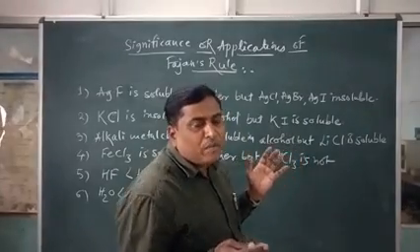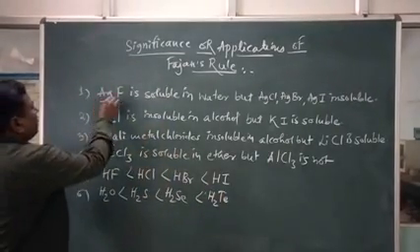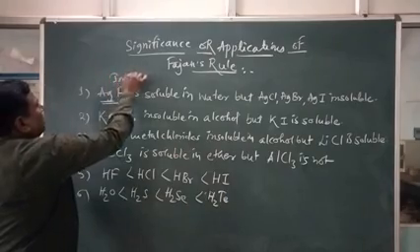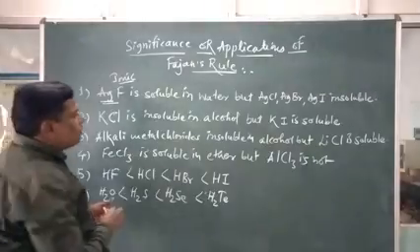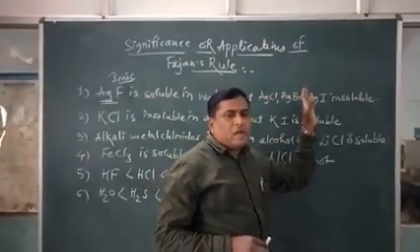Suppose we take AgF. This AgF is a strongly ionic compound. But what happens in the case of AgCl, AgBr and AgI?